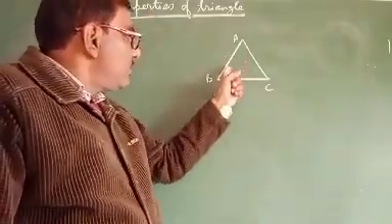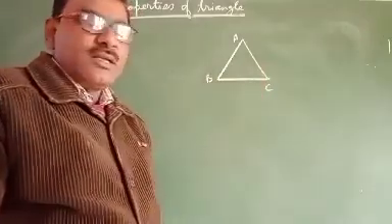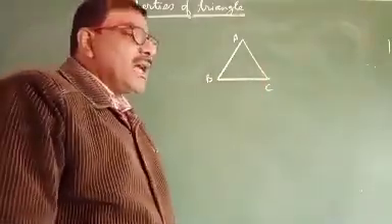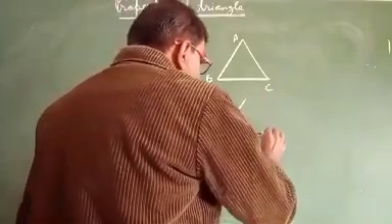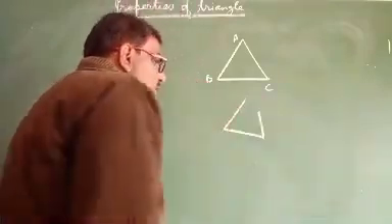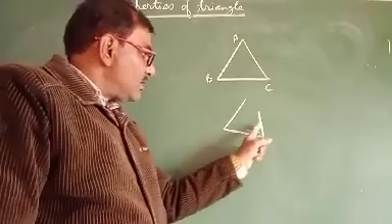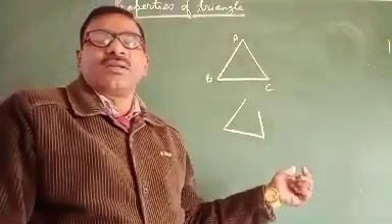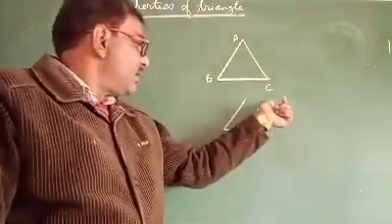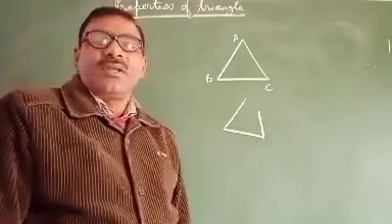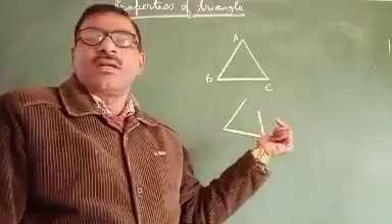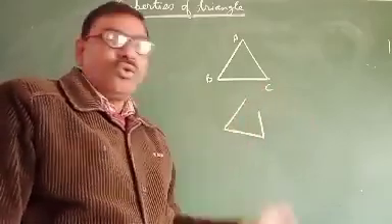You see that this line segment joins, but a figure may also be formed like this, where you see that the line segments are not joined. This figure is also made by three line segments, but this is not a triangle because this figure is open.